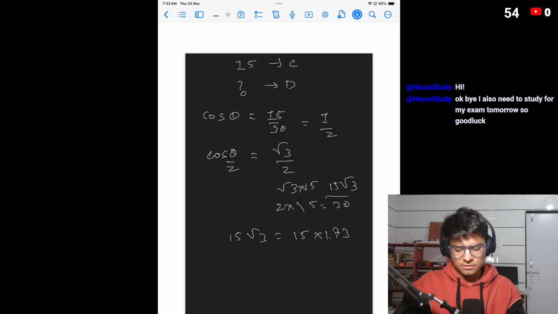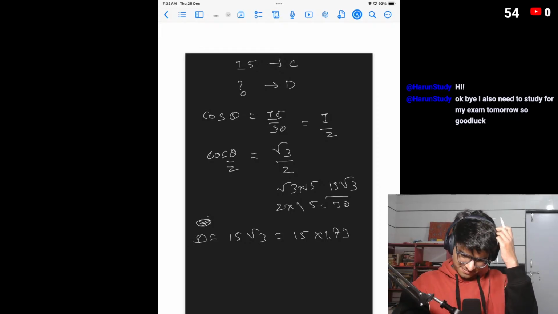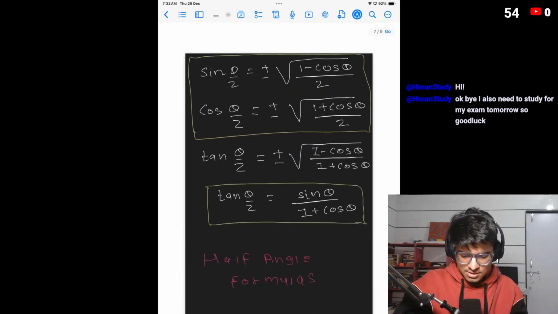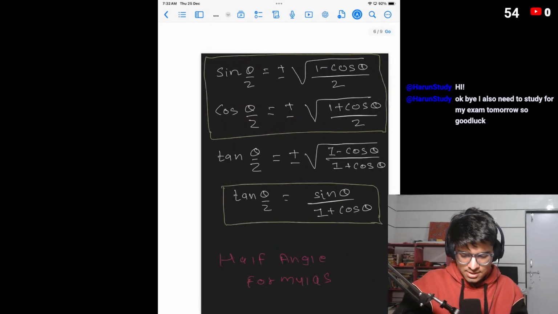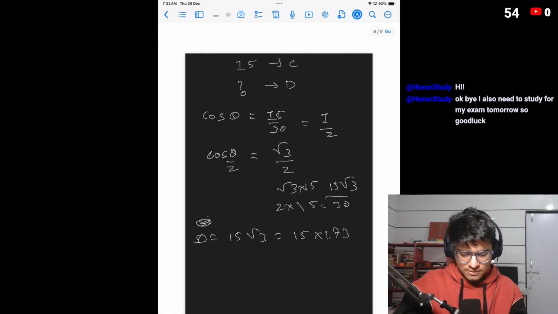D is equal to this, and since C was exactly 15, the difference will be 0.73 into 15.